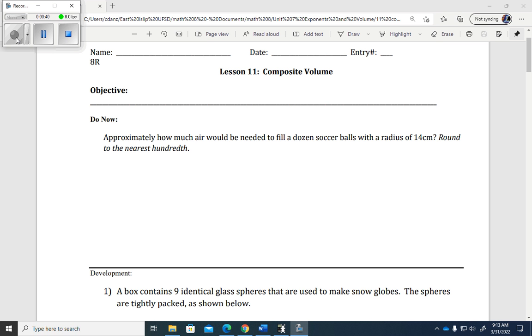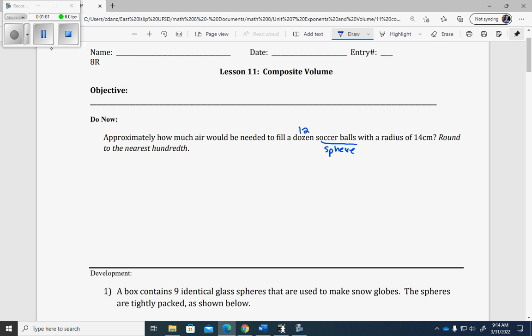Approximately how much air would be needed to fill a dozen soccer balls with a radius of 14 centimeters? Round to the nearest hundredth. So first thing we need to know is that a dozen is 12. Also that a soccer ball is in the shape of a sphere.